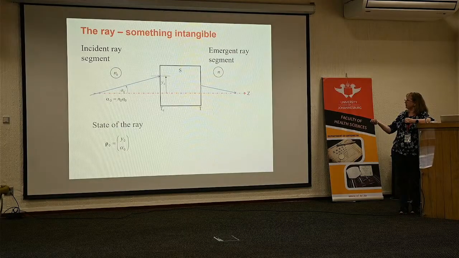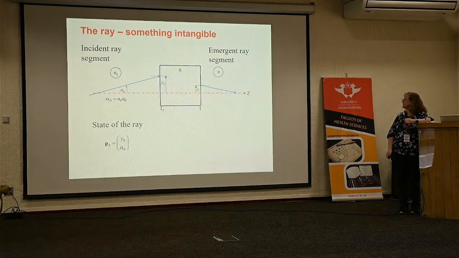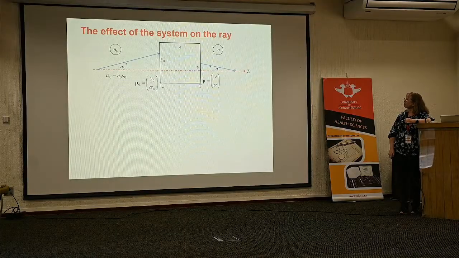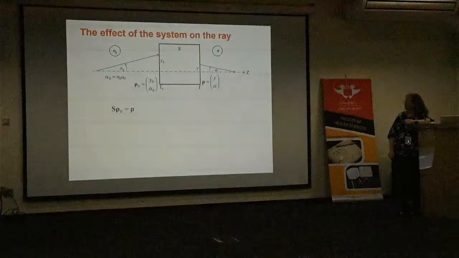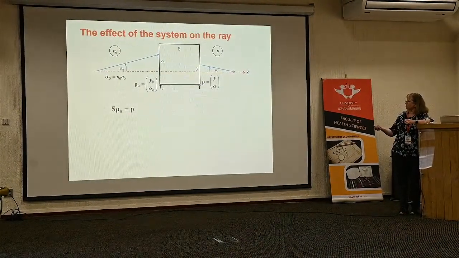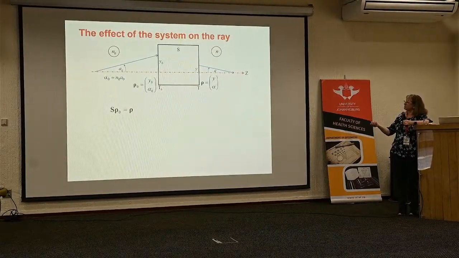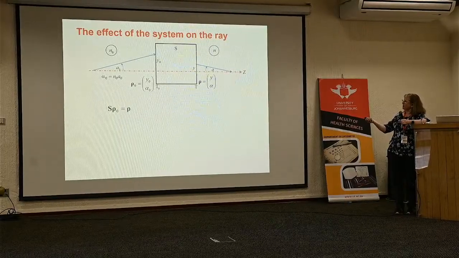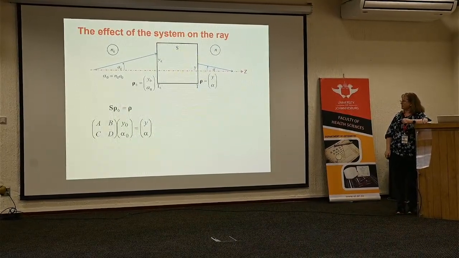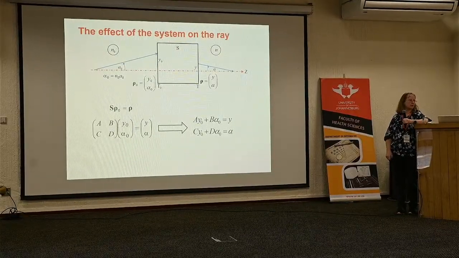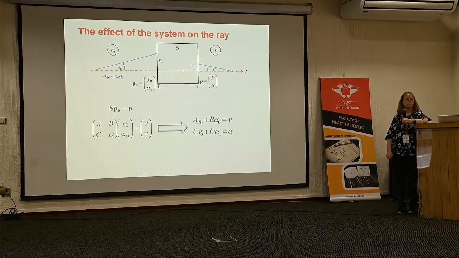We want to know exactly what happens to that ray as it emerges in terms of its position and inclination. The effect of the system on the ray is defined as S times rho naught gives us rho. So S tells us what the effect of the system is on this ray and how it will emerge. And so if we multiply that out, we get two equations, which we will use a lot this morning.